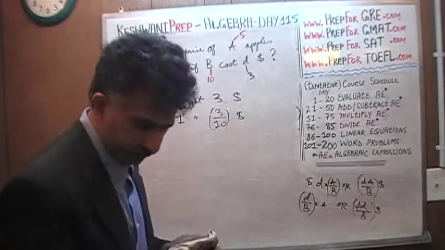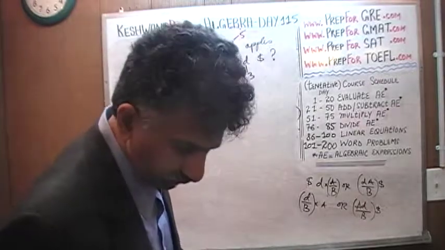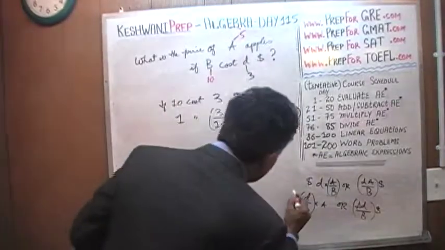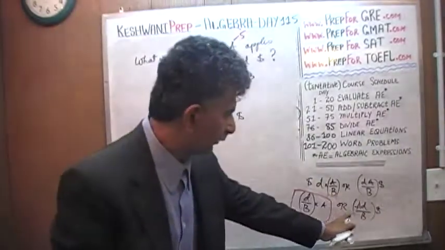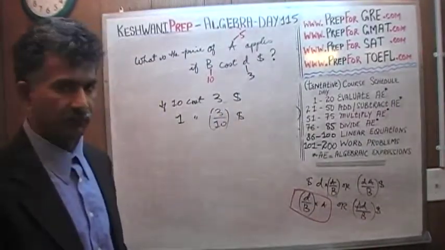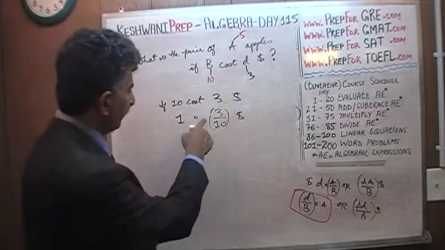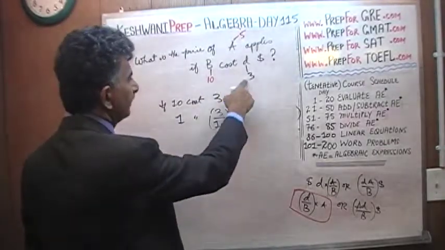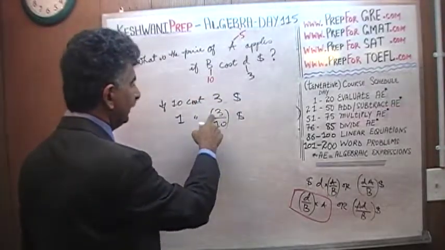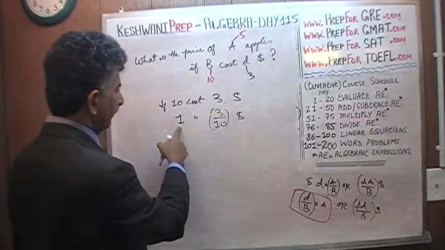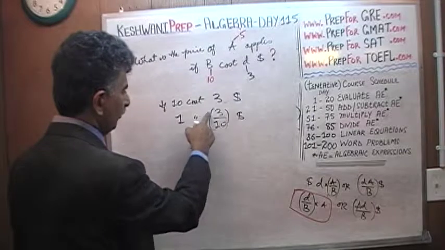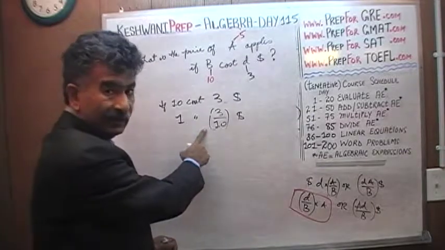This was the actual form the answer came out as, and then we wrote it in 3 other forms. So now the correct answer is actually in 4 different forms. There is your D over B. D is 3, B is 10, D over B is the cost of 1. If 10 costs $3, 1 should cost a tenth of that amount.